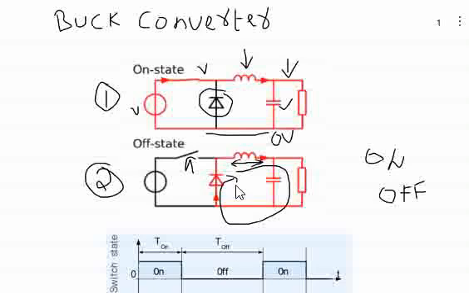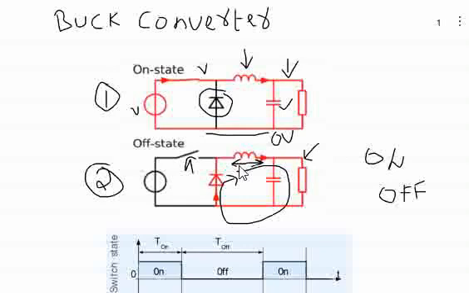You can see this diode will be turned on in this case because you have a voltage developed here, and the current flows in the loop. Again the output voltage on this node will be held by the energy that is stored in the inductor. So two scenarios here, one is the switch on condition, the other the switch off condition.